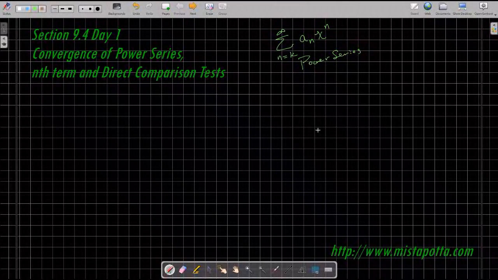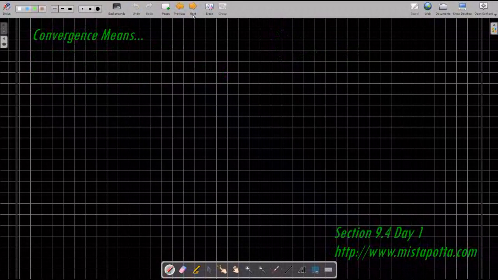And I want to talk about what convergence means, and start building up a library of tests that we can do to test if a particular power series is convergent or divergent. That's where we're headed in this lecture.